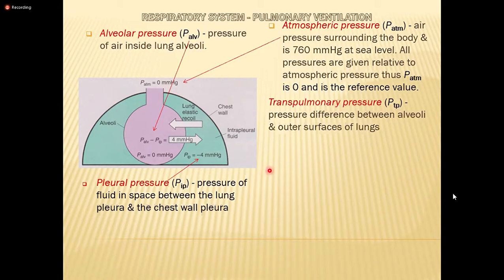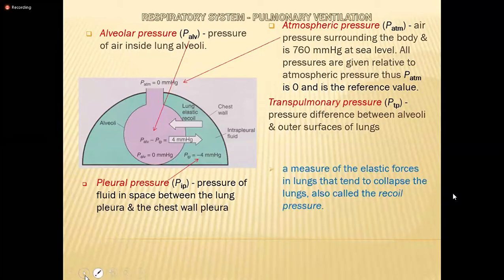Now the transpulmonary pressure is the pressure difference between the alveoli and the outer surfaces of the lungs.